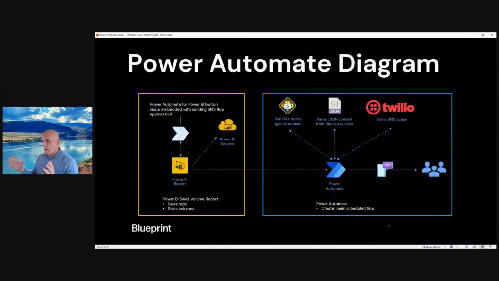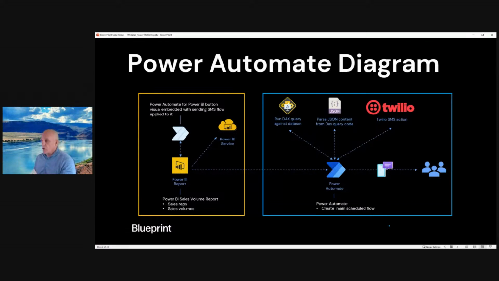Again, we're talking about using Power Automate here to send SMS text messages from a Power BI report. The left side here is showing the first step, and we'll show this in subsequent slides: how you embed Power Automate into your Power BI report.